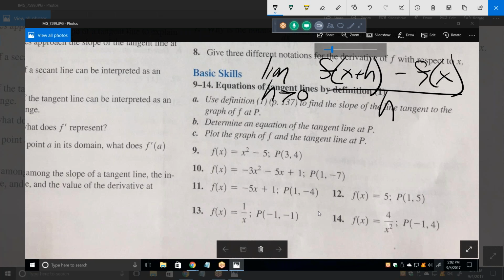Okay, so the way you do these is you start out by listing what f of x plus h is. What is it for 13? F of x plus h would be 1 over x plus h.